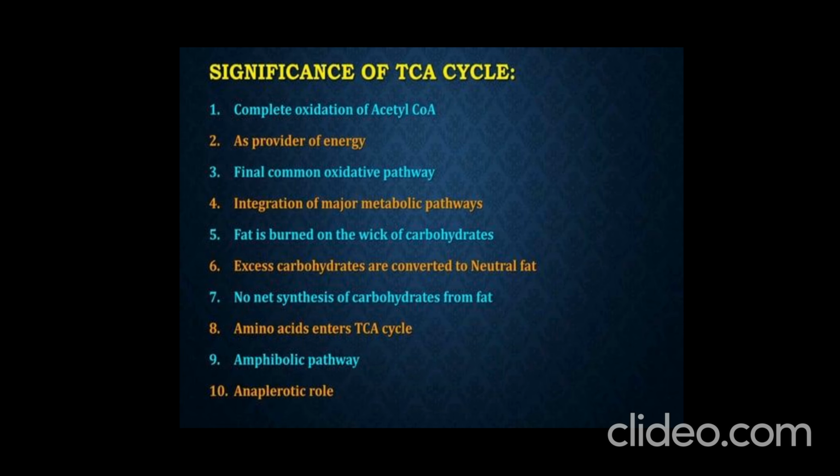Fatty acid is converted and enters inside the citric acid cycle. That is known as fat is burned. Then the sixth one, excess carbohydrates are converted to neutral fat. Seventh one, no net synthesis of carbohydrates from fat. Eighth one, amino acid enters tricarboxylic acid cycle. Ninth one, amphibolic pathway, and 10th one is anaplerotic pathway.